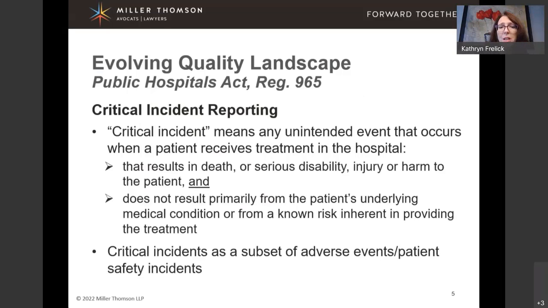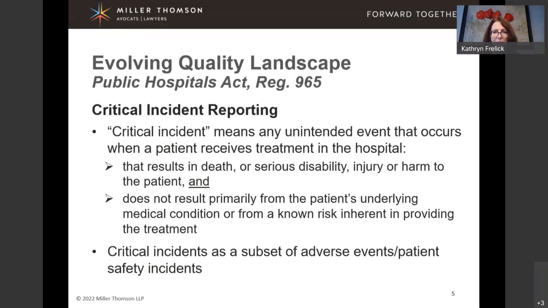One of the key requirements under the Public Hospitals Act relates to critical incident reporting. A critical incident is defined under the legislation. It means any unintended event that occurs when a patient receives treatment in a hospital that results in death or serious disability, injury, or harm to the patient, and does not result primarily from the patient's underlying medical condition or from a known risk inherent in providing the treatment.